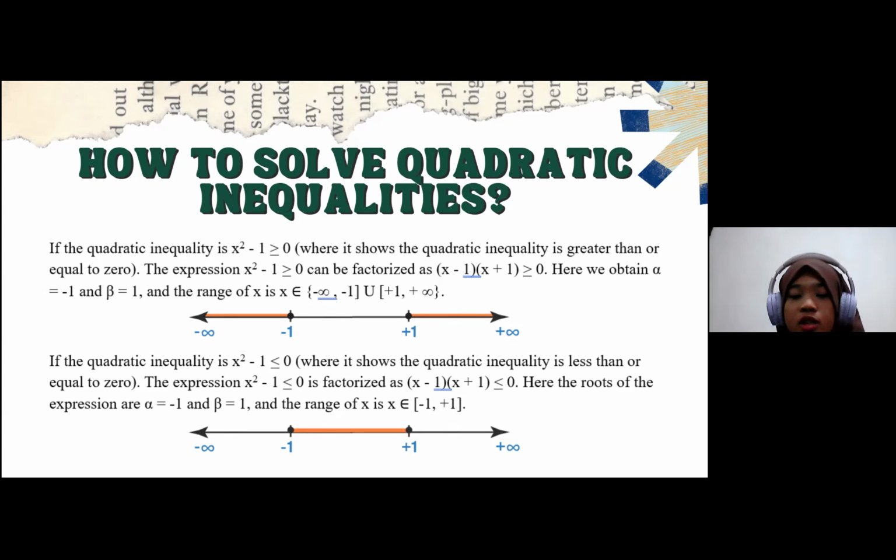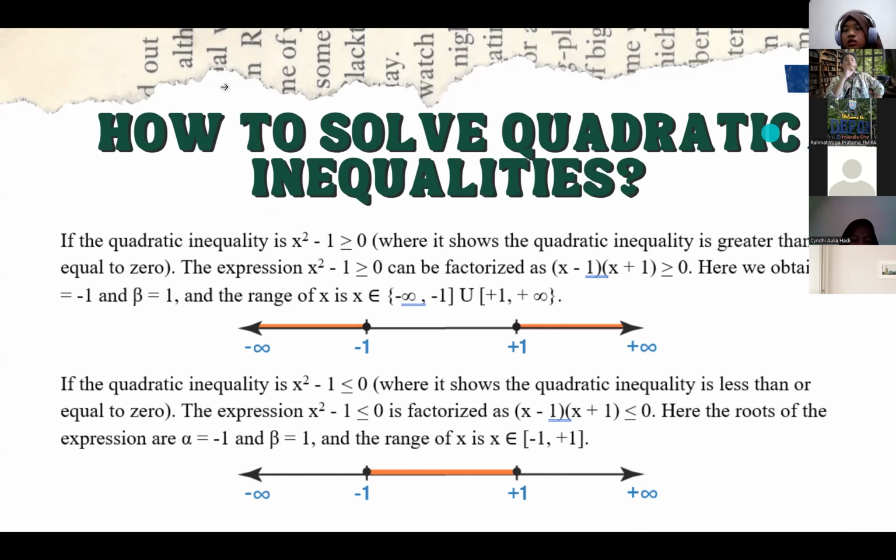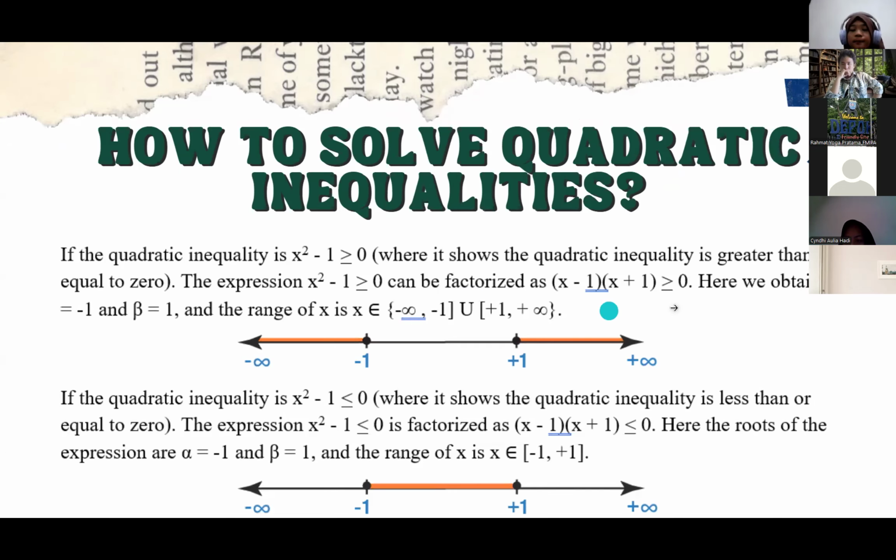Here the roots of the expression are alpha equal to -1 and beta equal to 1, and the range of x is x elements of open square brackets -1 until +1 close square brackets.